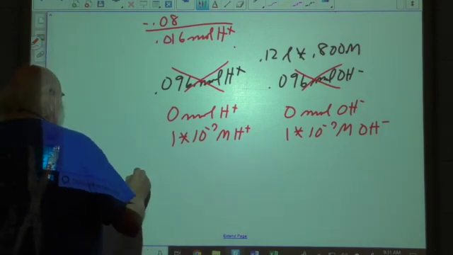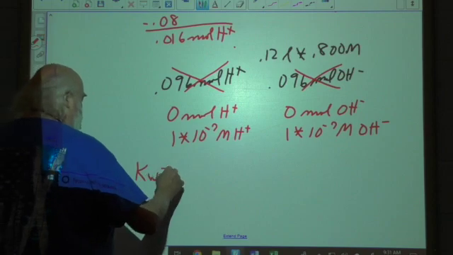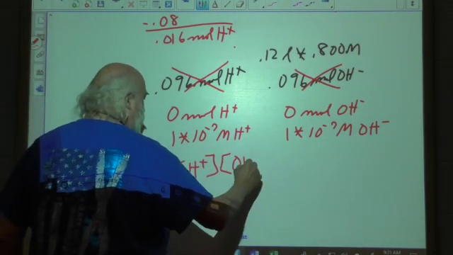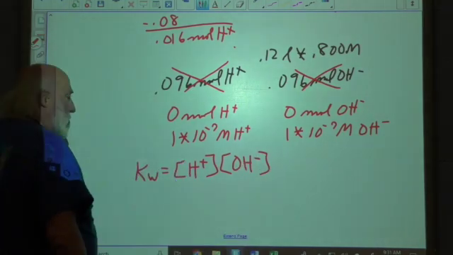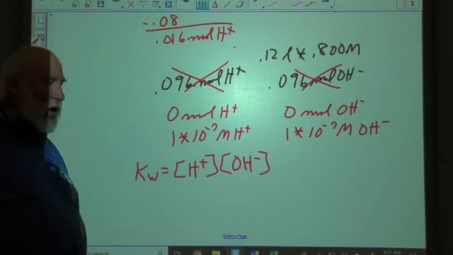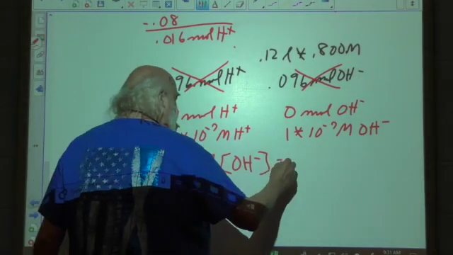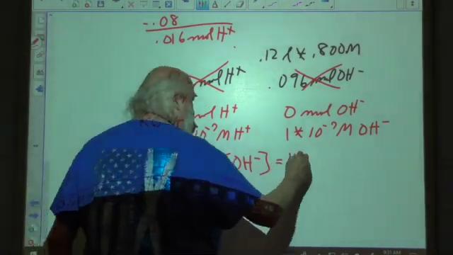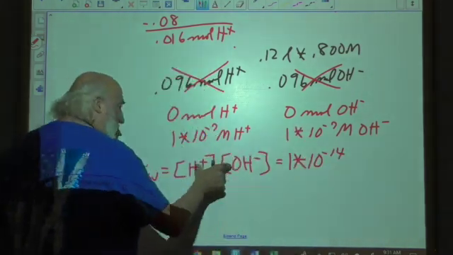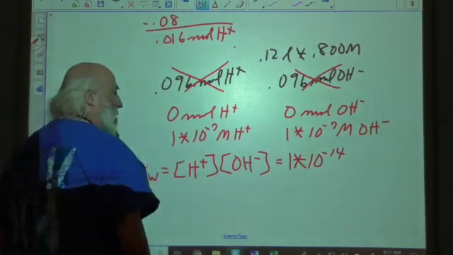We said there's something called Kw, which is the concentration of hydrogen times the concentration of hydroxide. It is an equilibrium system because water doesn't break down completely. It's a double arrow dissociation reaction. And we found that the value of Kw is 1 times 10 to the negative 14, which means these two have to be the quantities here to give us that value.